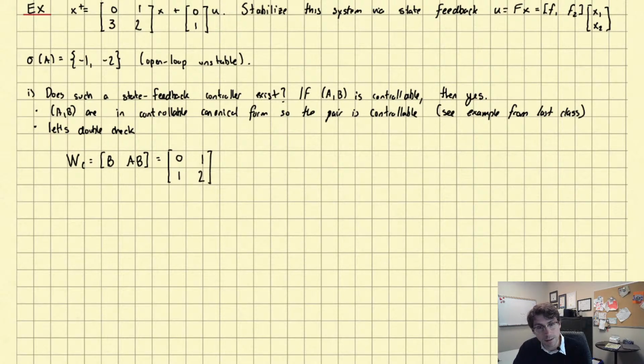Okay, I immediately see that the two columns of this matrix are independent. I can't write one as a scalar multiple of the other, so I know that it's full rank. The column span is going to be R2, but if you want to double check, we can, in this case, because it's a single input system, we can just check the determinant.